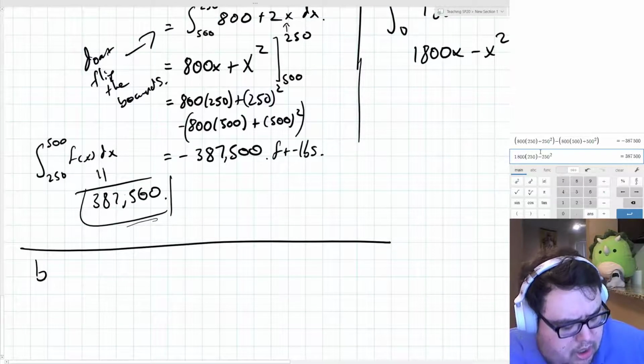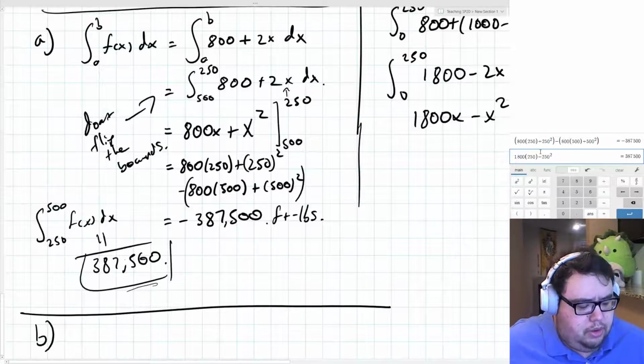For part B, we have to do a similar integral.